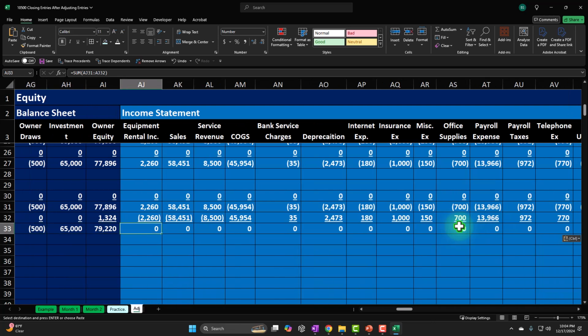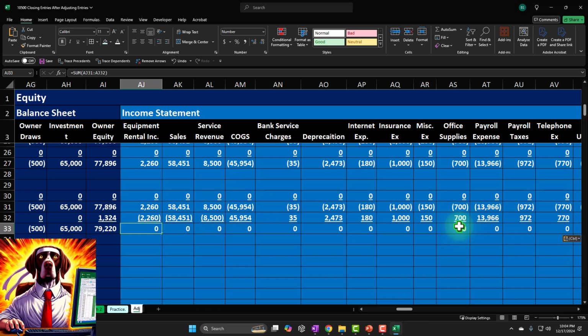Now, when we enter our reversing entries here, it's going to look funny, because we're going to start off with some income statement accounts that are kind of backwards. Meaning, when I reverse that invoice transaction, I'm going to start with a sales account that will be negative, and a cost of goods sold account that will be a positive number here, like a negative expense, right? They'll be backwards, because usually these accounts only go one way.